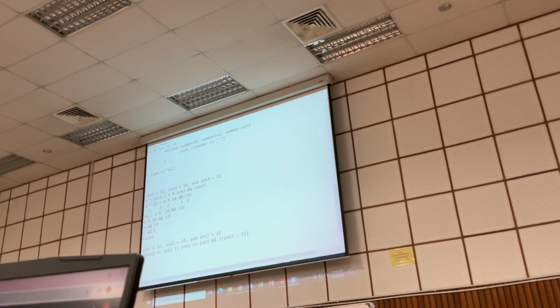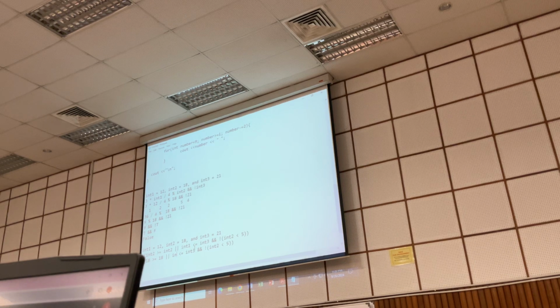I copy this one back so that it is easier for me to transform. Integer 2 is 18. Integer 1 is 12. Integer 3 is 21. Integer 2 is 18. Okay, which one am I supposed to do first?